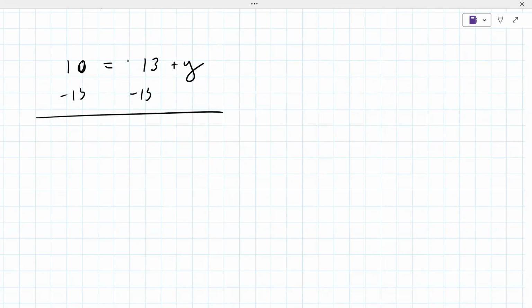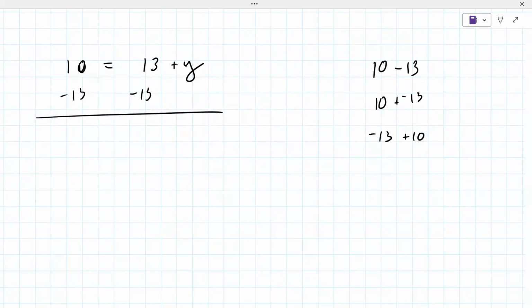What is 10 minus 13? Wait, isn't 13 negative? Well, it depends on how you look at it, but it's 10 minus 13, and you can make it 10 plus -13, or you can make it -13 plus 10.